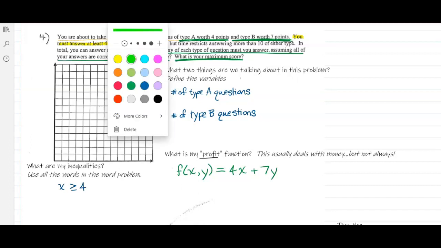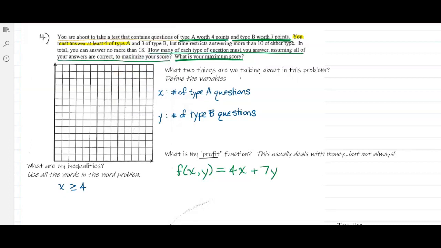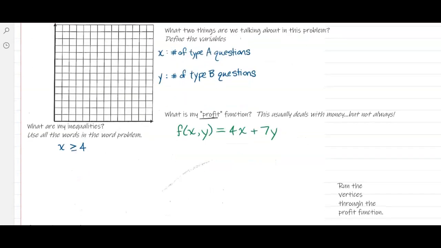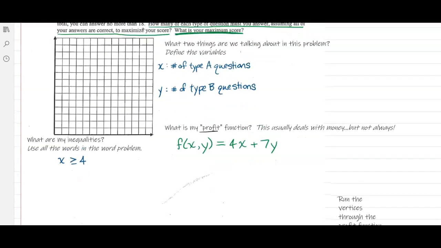The number of type B questions is right here. The number of type B questions must be at least 3 of type B. So how do we write that? Well, we say type B questions must be greater than or equal to 3.